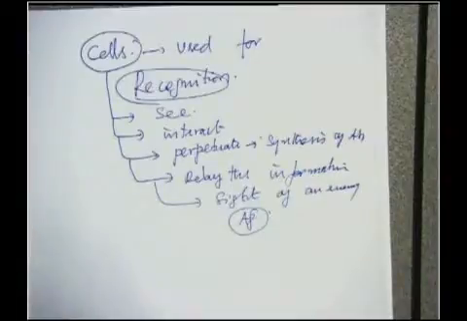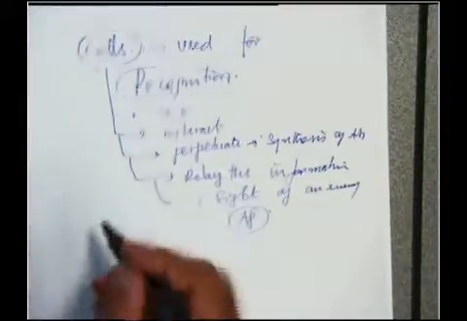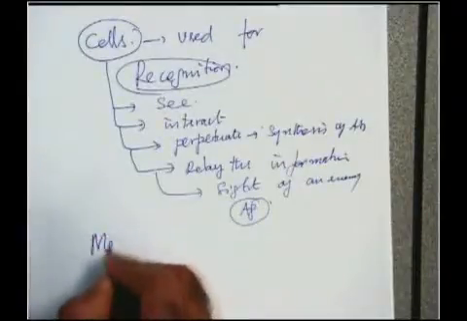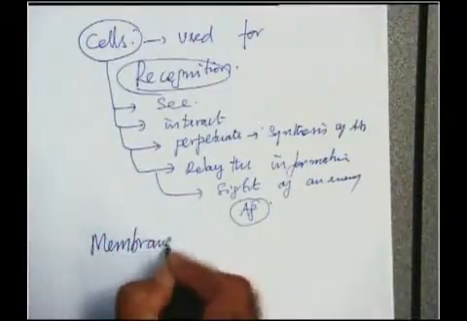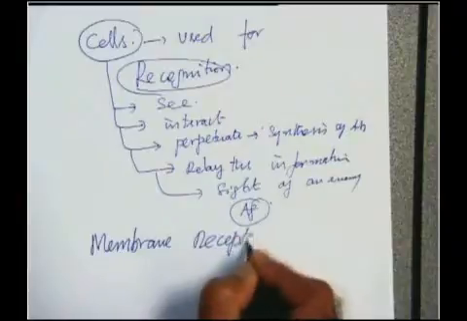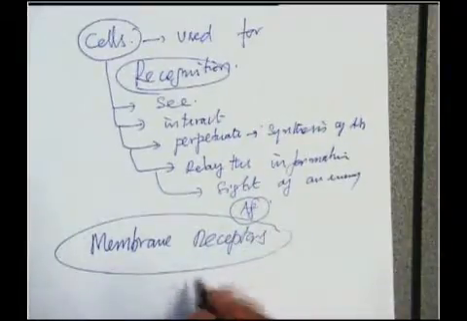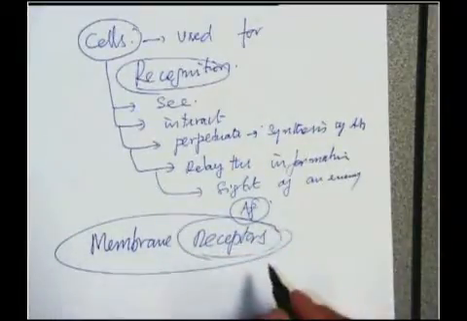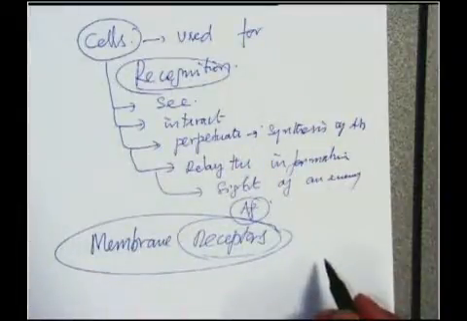So the topic of today's lecture is membrane receptors. In other words, the membrane is the one present outside of these cells. Now I'm talking about the cells, what type of cells they are.